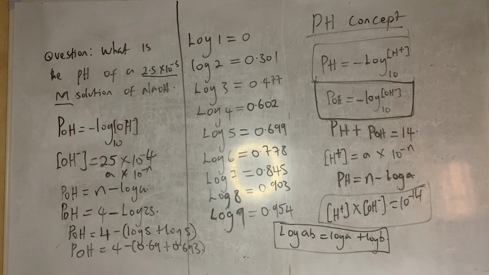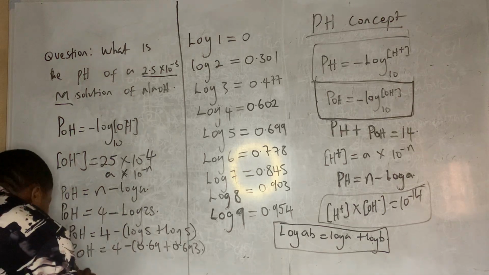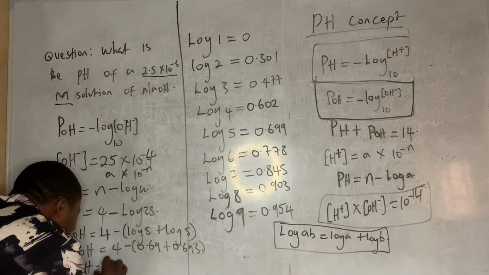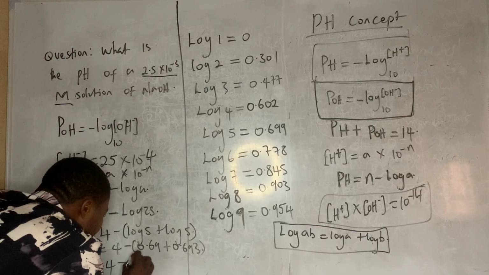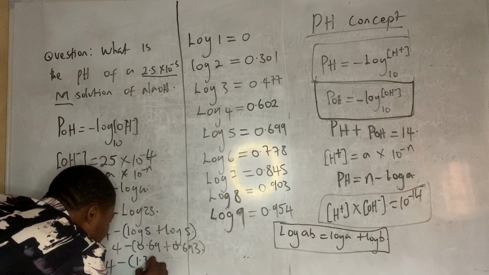Now you can use your calculator to do it from here, because you will be given a sophisticated calculator, but remember 1.3, if you get 1.3.